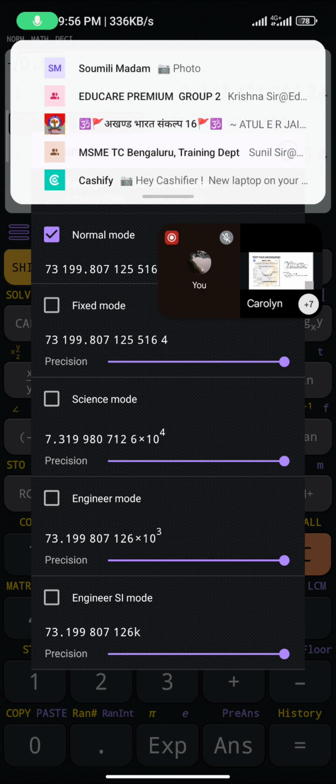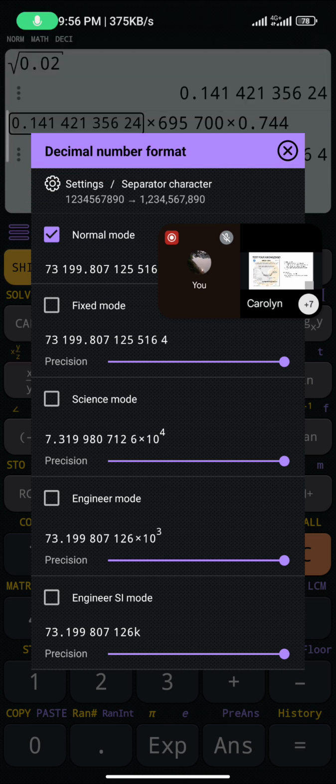Any more questions regarding this problem? Ma'am, I have estimated the values, not exactly put that, but I have estimated. So it is okay for that.